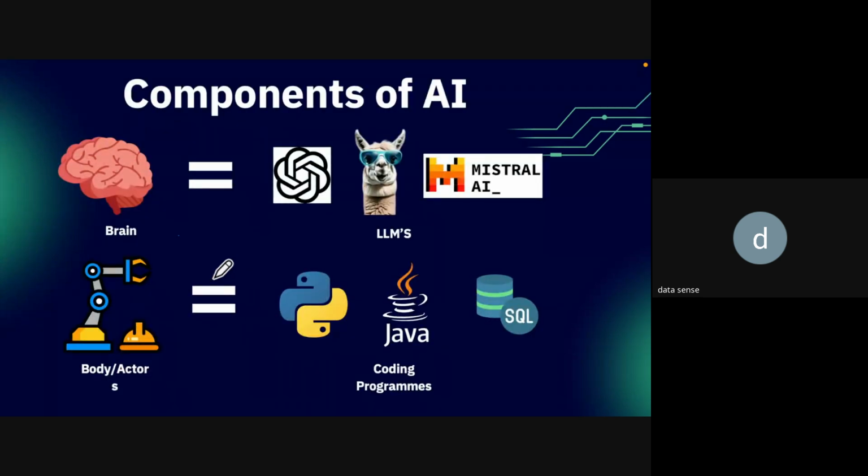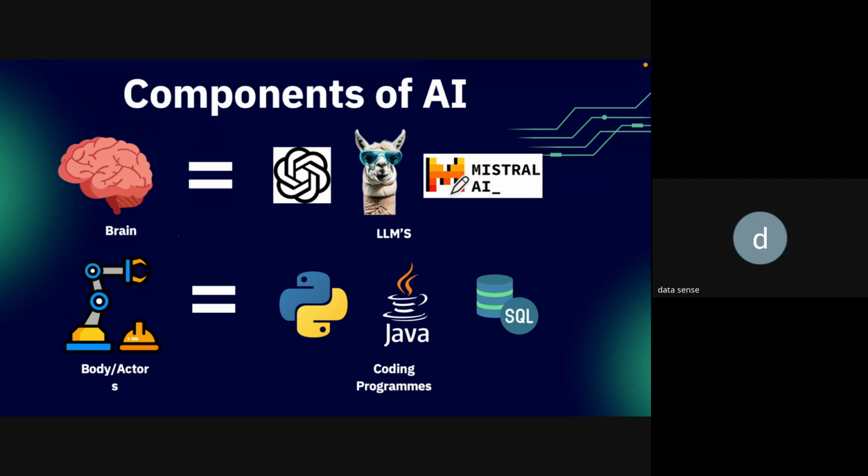AI has two things. The first thing is the brain of any software nowadays is an LLM. It could be ChatGPT, it could be a Llama model, Mistral, any model you can see. Humans have different body parts. They have hands, nose, legs, and a lot of things. What does the software have? Code.